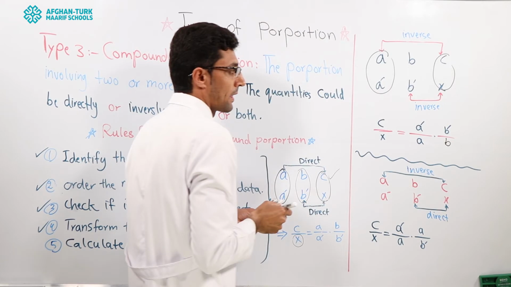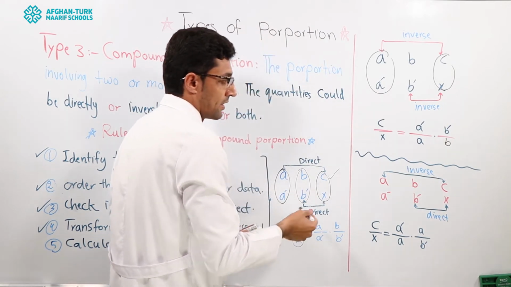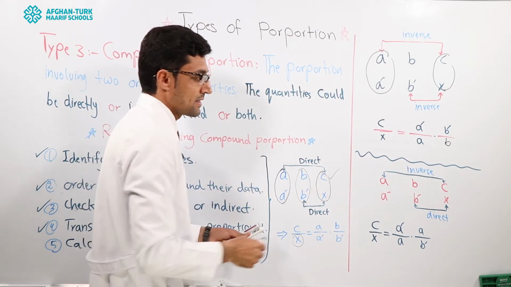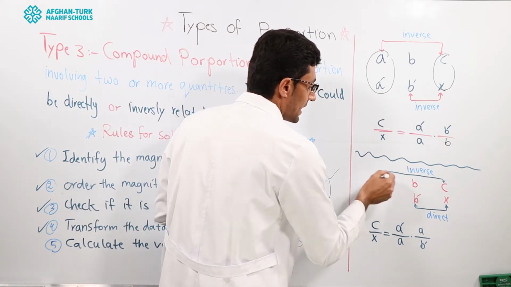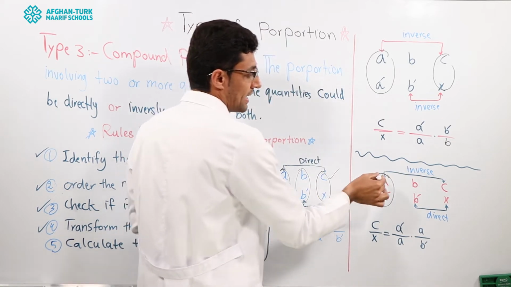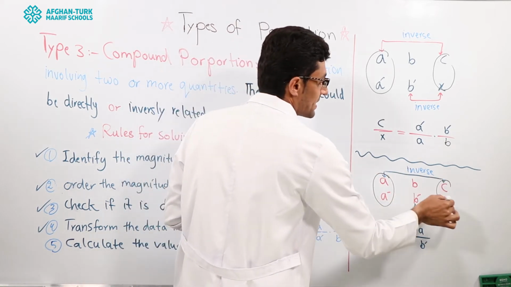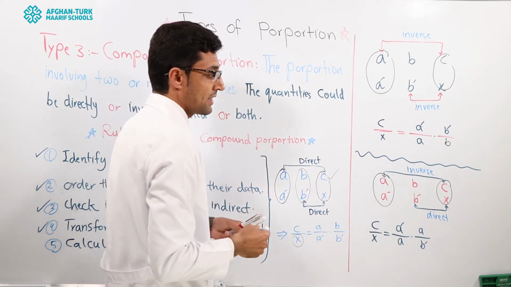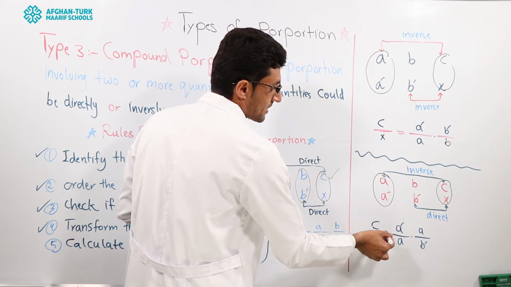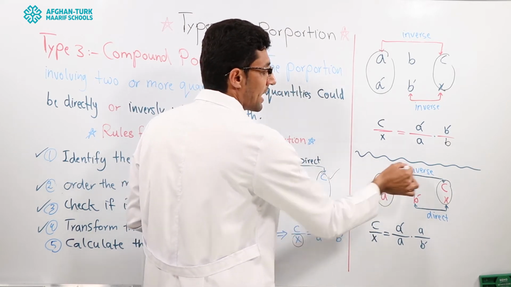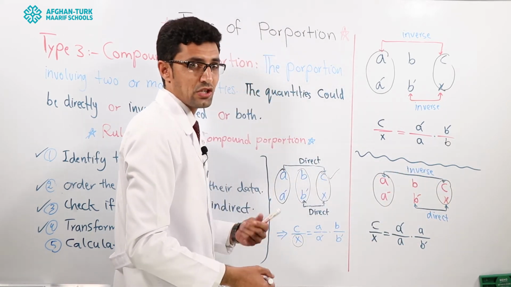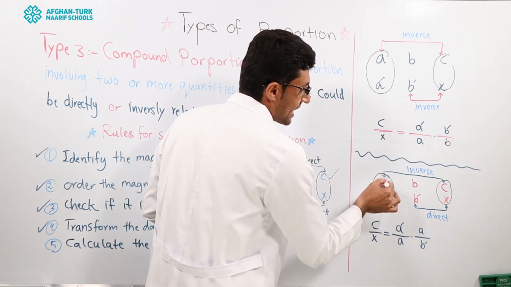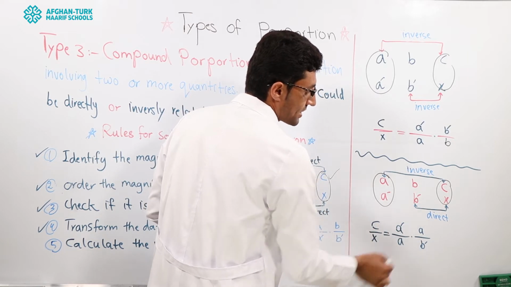And the last type that we can write the compound proportion as this. If we have A dash inverse with C, X, it means inverse proportion. How do we write them? At first we write C over X. That is equal to, because it has inverse relation, A dash over A, multiply.